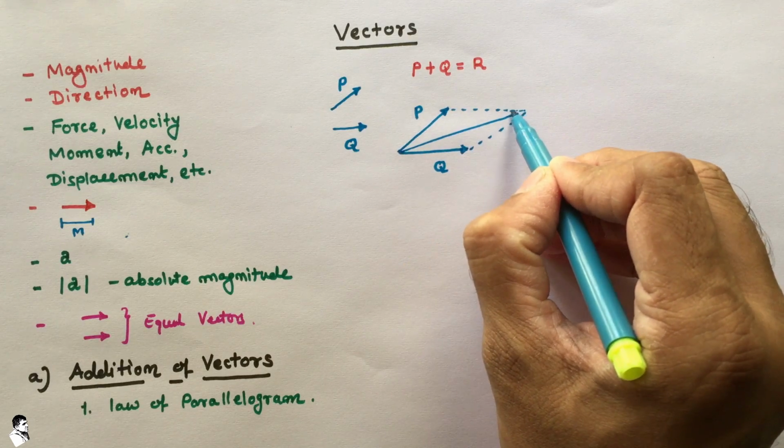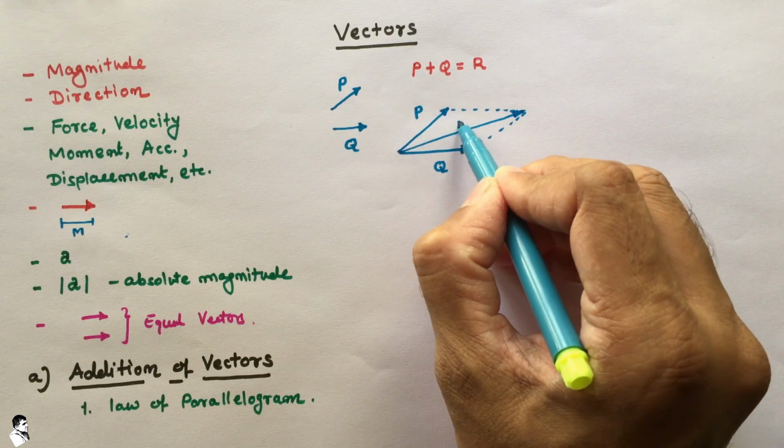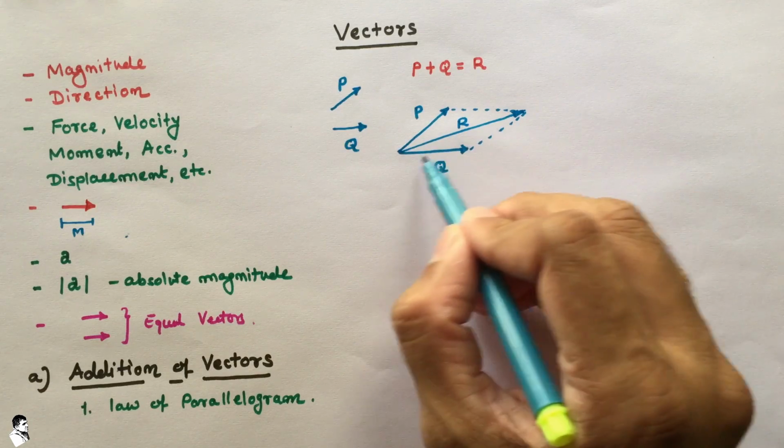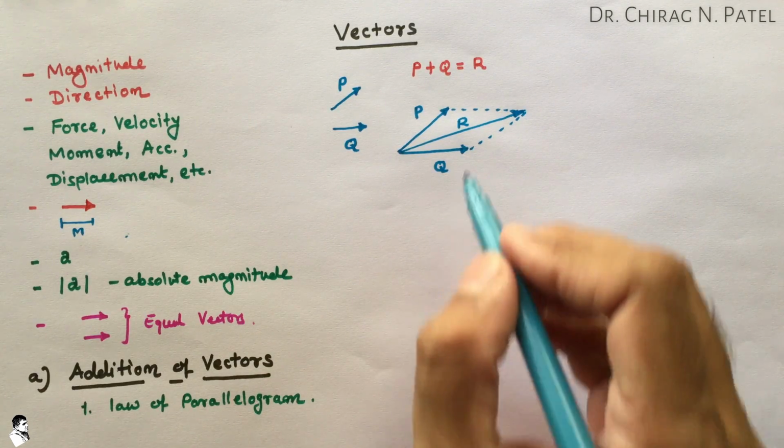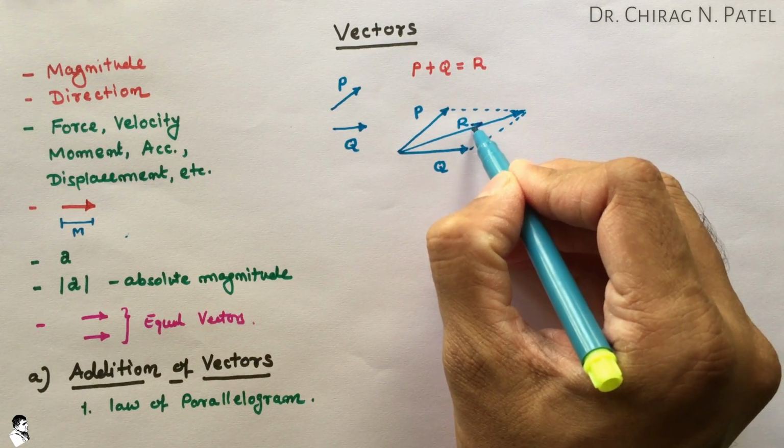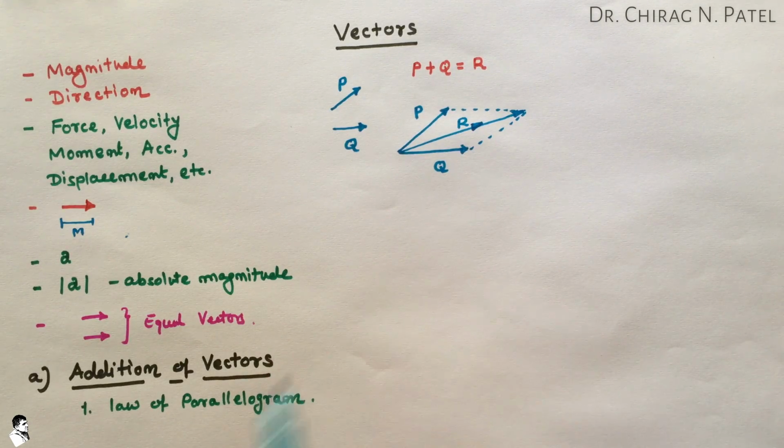The diagonal represents a new vector. We can draw an arrow here, so that is a new vector. That will be the sum, or we can say the resultant, of the vectors P as well as Q.